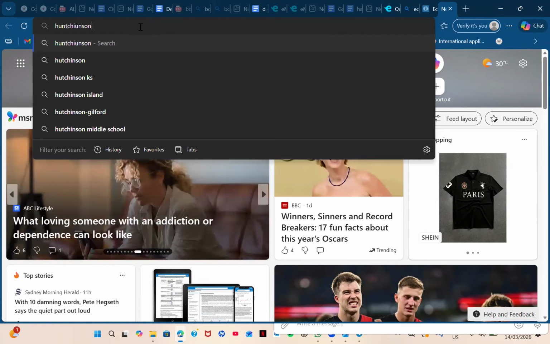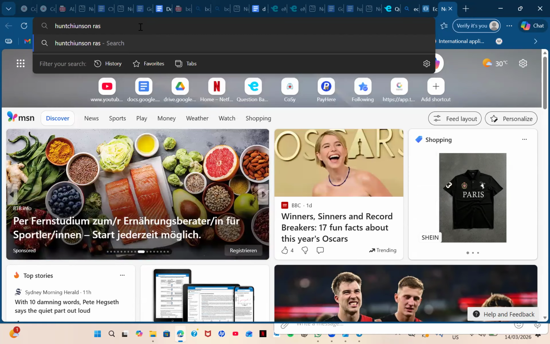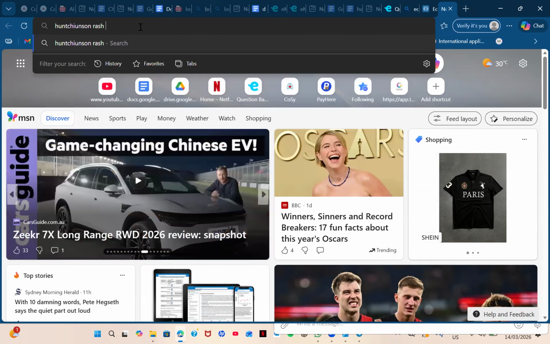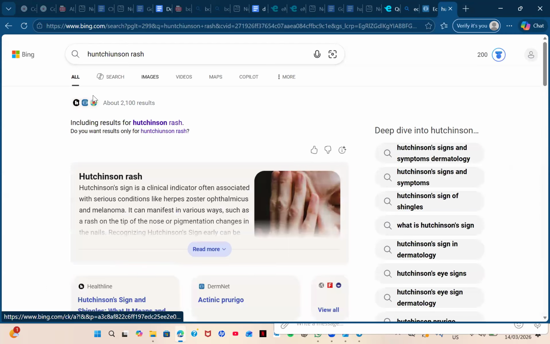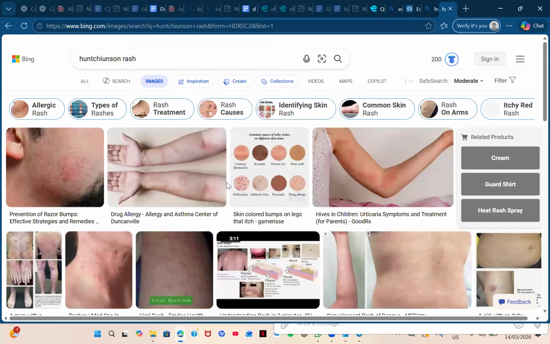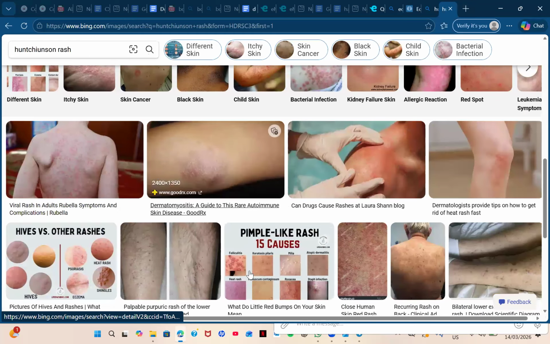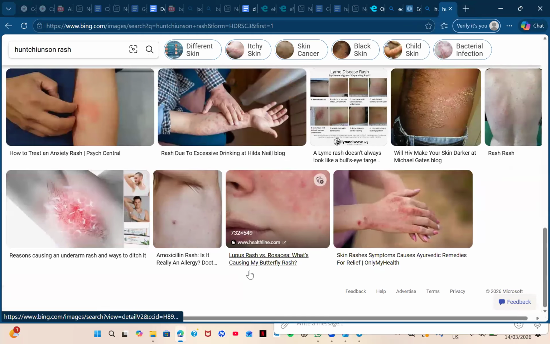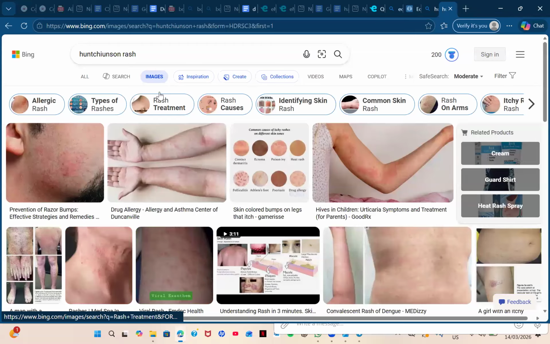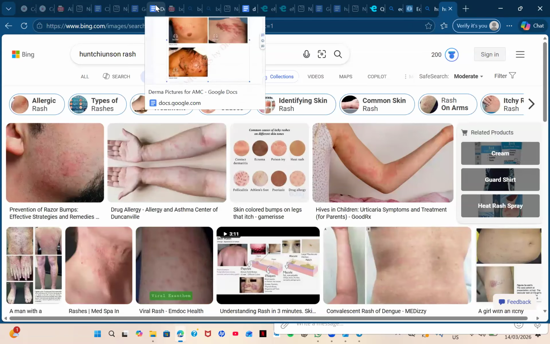Hutchinson. Doctor, we specifically call this one. I can't find it because I have added it in my notes. I'll share it later.